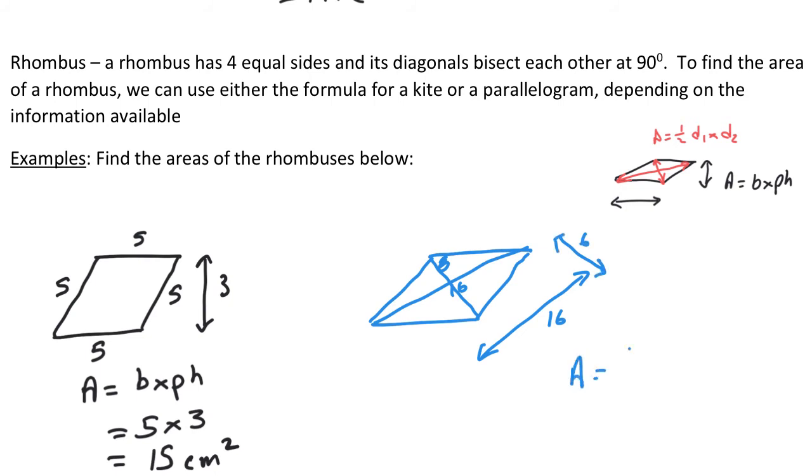So the area is going to be a half times diagonal 1 times diagonal 2, which is a half of 16 times 6, which is 48. And again, do centimeters squared.